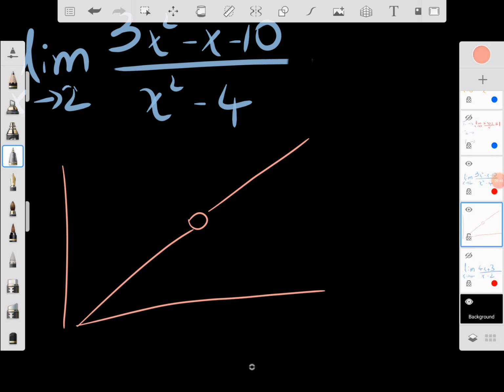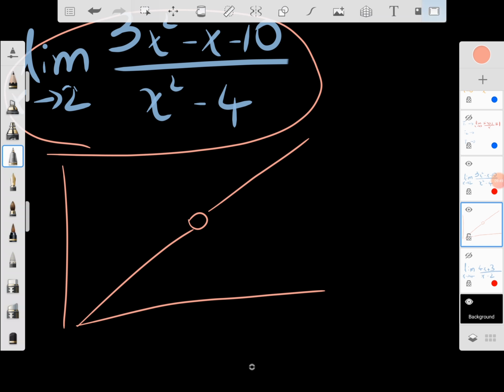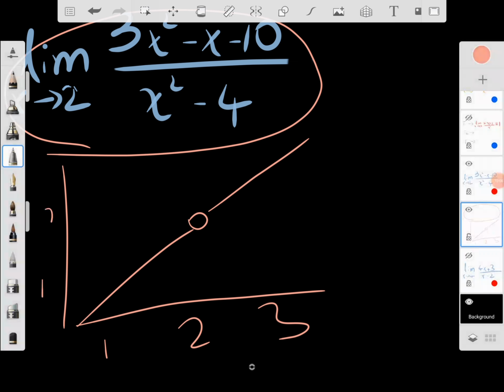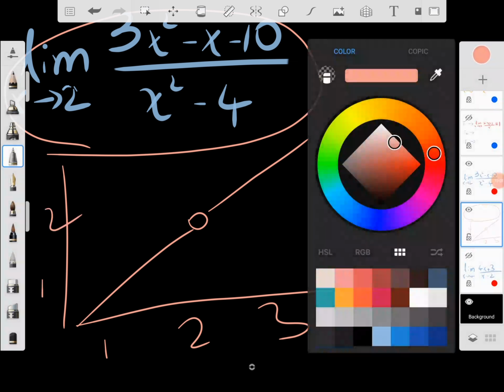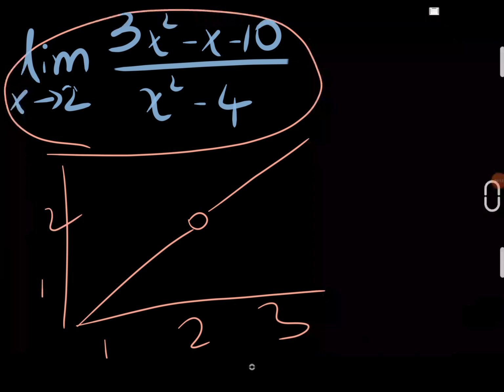So this question is not giving you the value at x equal to 2, but when x is approaching 2, what happens to the nearby points of 2? That means if you have a graph, and this is 1, this is 2, this is 3, you know that at 2 there is no value.